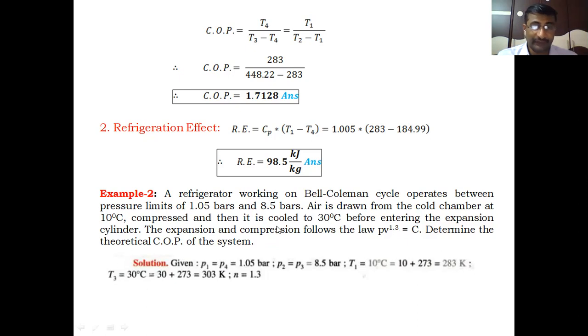The air after cooling is 30 degrees centigrade before expansion. That is taken as T3, 30 degrees centigrade or 303 Kelvin in absolute terms. And the polytropic index is 1.3, that is n = 1.3. This is the given data. We have to find the COP of the Bell-Coleman cycle.